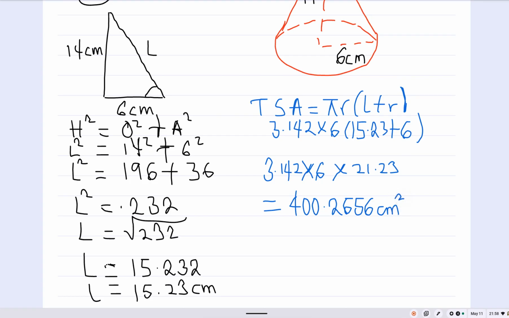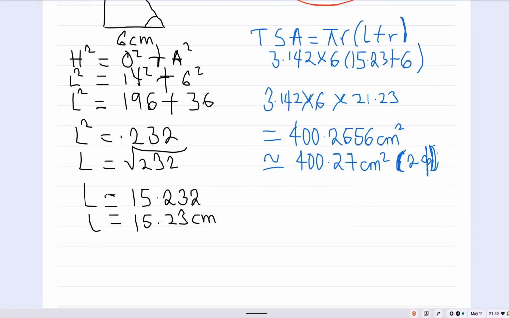That's what we are going to have, and that will give us approximately 400.27 centimeter squared. That's to 2 decimal places, right? We are leaving our answer in 2 decimal places. Are you seeing that now? So that's the answer for that.